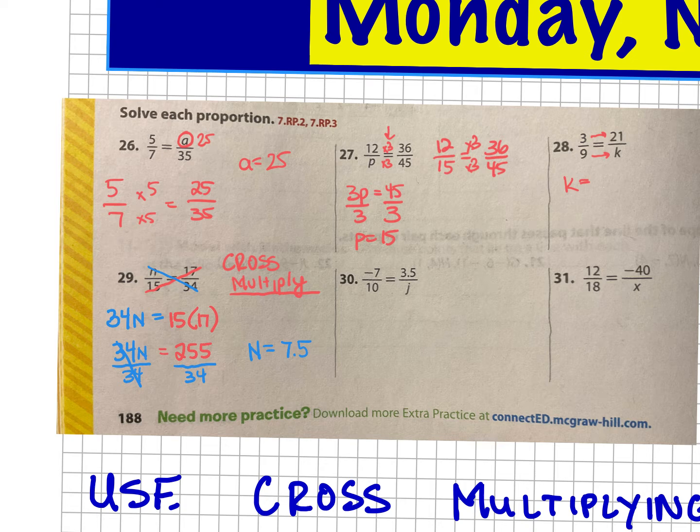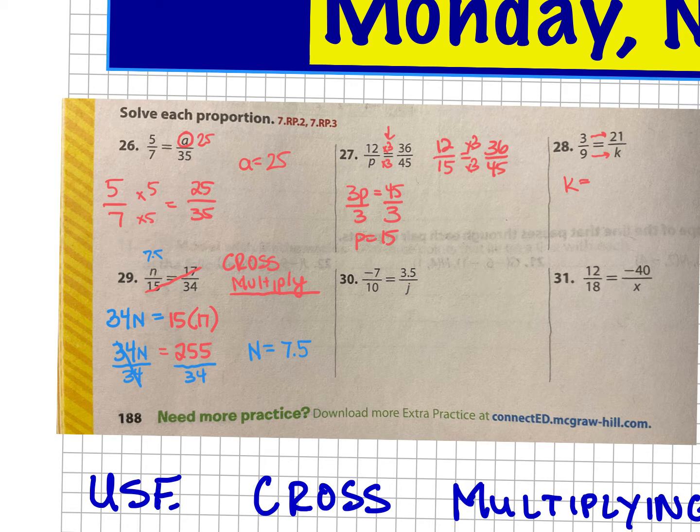So for these two proportions, or these two fractions, to be equal, n needed to be 7.5. And when I cross multiplied, 7.5 times 34 is the same as 15 times 17. So if they're going to be equal, you can make a cross, and you can multiply the numbers that the cross hits, and they should be equal.